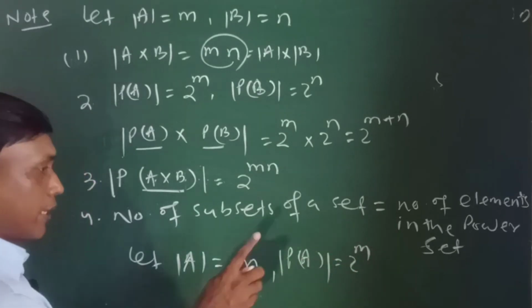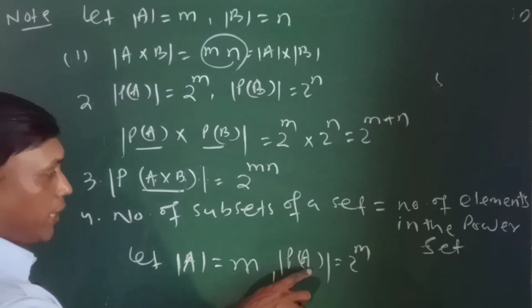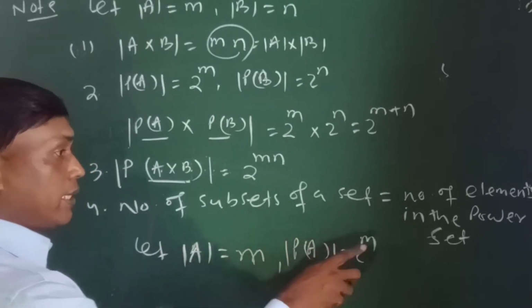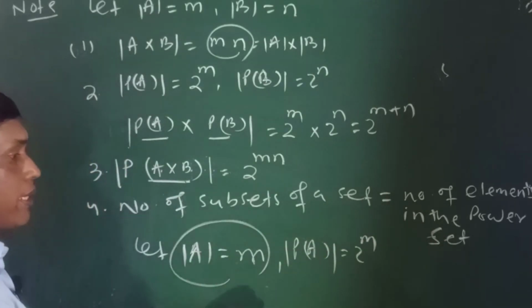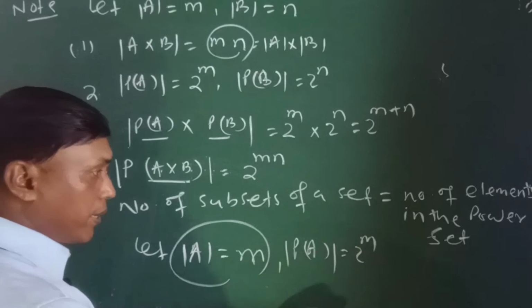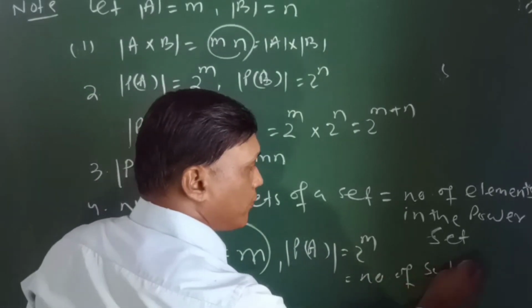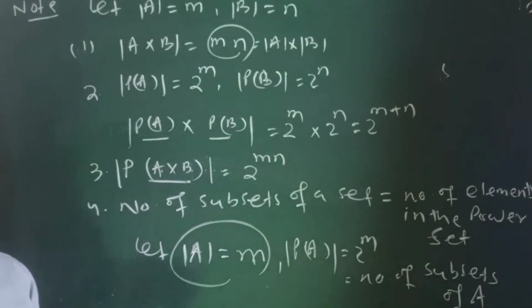But the number of elements in the power set is the number of subsets. That means if A has m elements, then P of A is 2 to the power m, and this is the number of subsets of A. By this process you can find the number of subsets of a set.